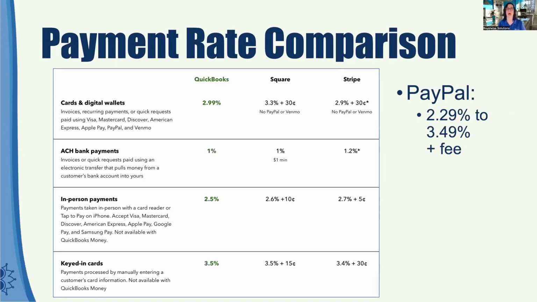Stripe is one of the most common for e-commerce, Shopify or BigCommerce. Stripe is one of the common connectors. You'll notice in the Square and Stripe that there's a percentage and then a per transaction fee, which means you pay the percentage and a charge per transaction.